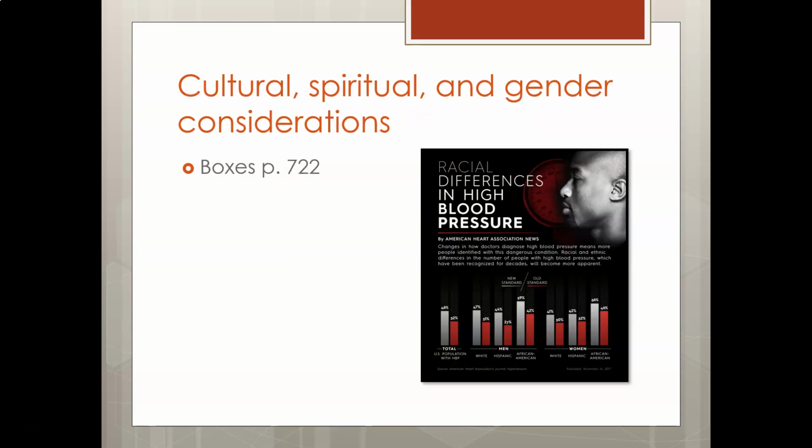Culturally, control of the blood pressure has resulted in a decrease in the cardiovascular mortality and morbidity here in the United States, but it is still a silent killer. African Americans still have a much higher rate in the U.S., and this population tends to develop hypertension earlier.